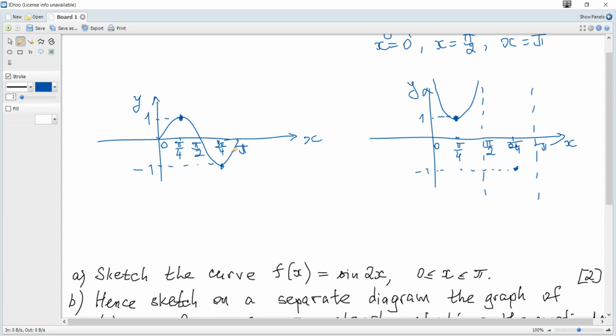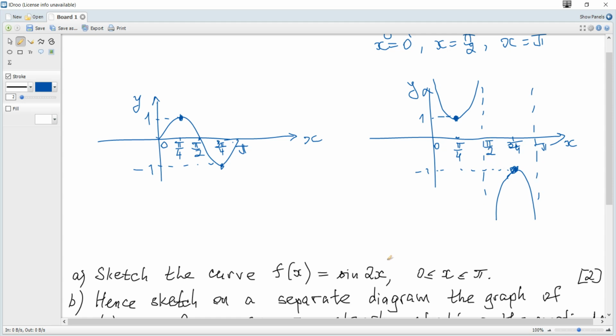And when we tend to pi from the left, or when we tend to pi over 2 from the right, y becomes very small but negative. 1 divided by very small but negative becomes very large and negative, so it tends to negative infinity, and also it must be symmetrical.